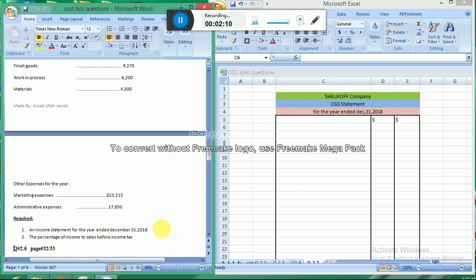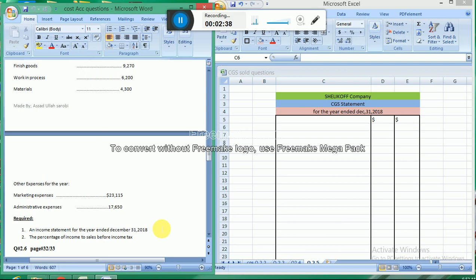If we look at the question, the requirement is an income statement, but data is given for the income statement plus the CGS statement. So here the question is about a manufacturing business income statement. Cost of goods sold is unknown.